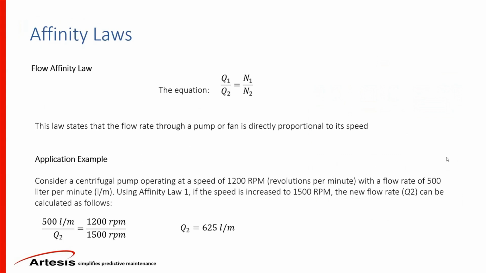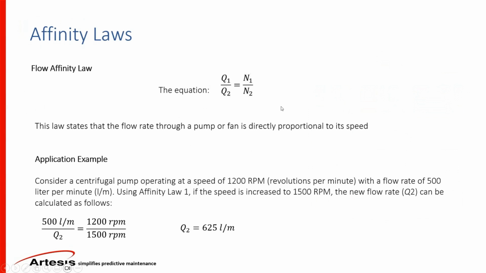The flow affinity law describes the relationship between the flow rate of a pump and its speed. Of course, it will help us predict how changes in speed affect the flow rate. As you can see with this formula, Q1 and Q2 being flow rate 1 and flow rate 2, and N1 and N2 being speed 1 and speed 2.